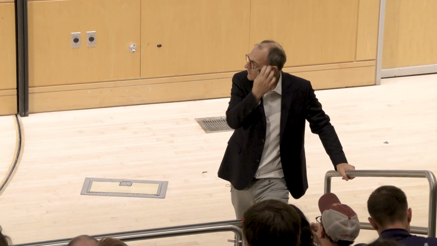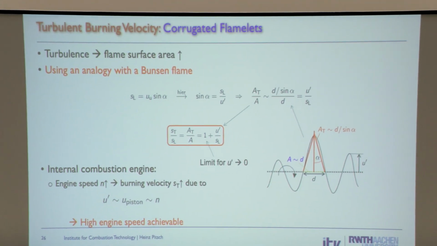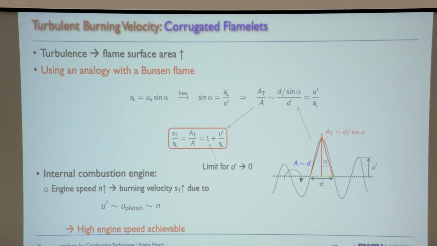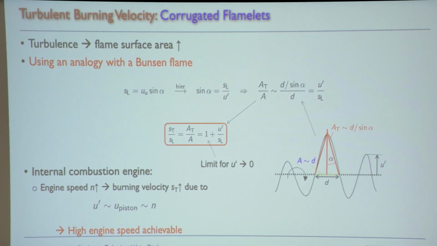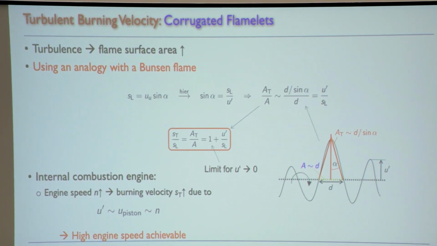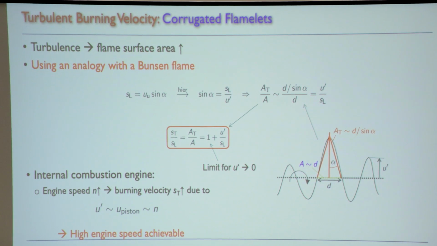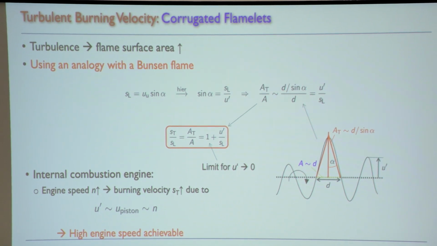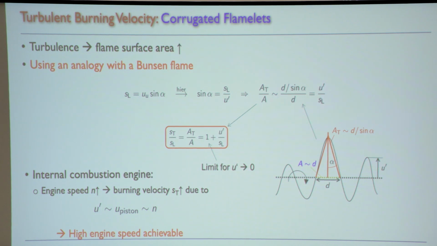And why is that? I mean, if you run it at 500 RPM, you have a lot of time for combustion, right? Very slow, a lot of time for combustion. At 5,000 RPM, you have a lot less time for combustion. Why do you still have enough time for combustion if you make the speed higher and higher?